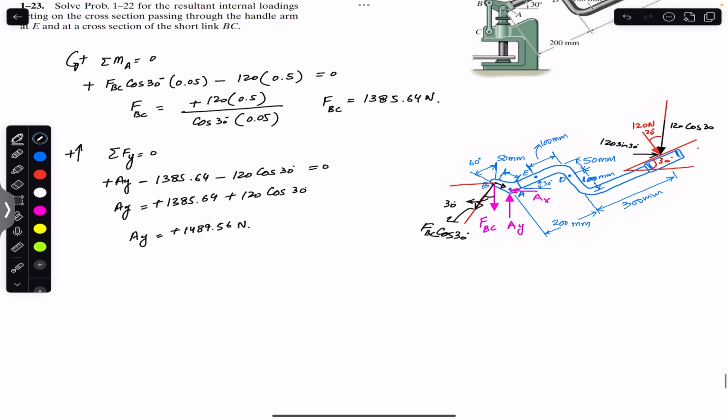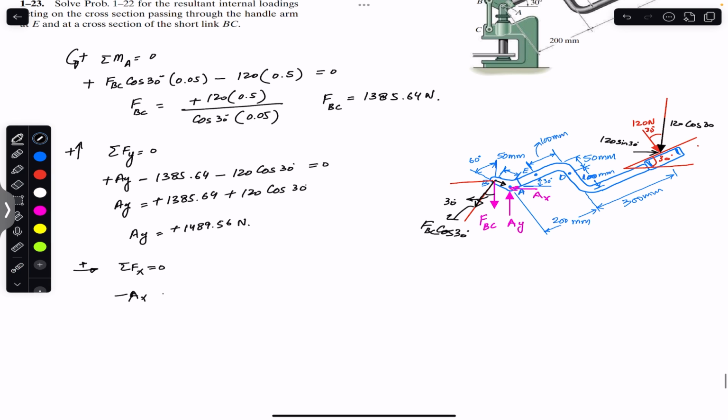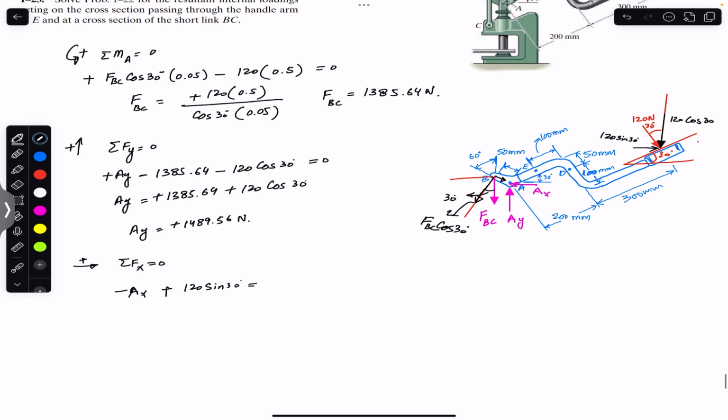Similarly, if we apply the sum of the forces in the x, the sum of the forces in the x must be equal to 0. Towards the right is our positive x. Now we have ax in the negative x direction, so I will write minus ax. This sine component is acting in the positive x direction, so you write plus 120 sine of 30, and this is equal to 0.